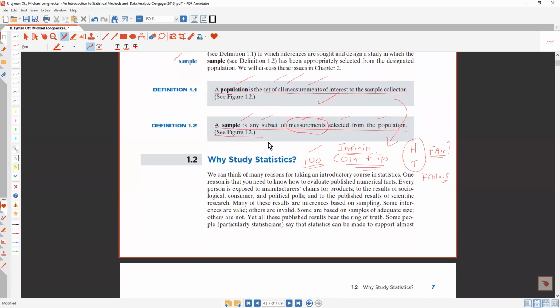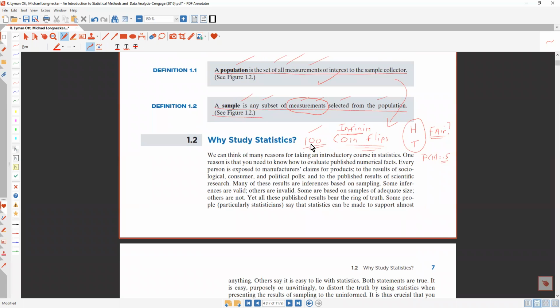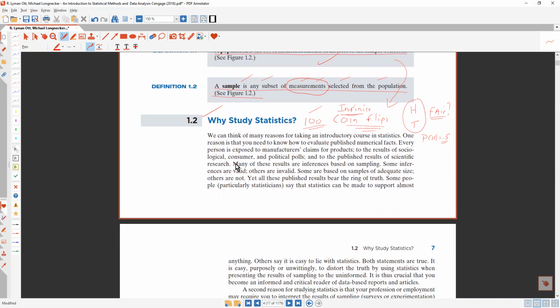So we've talked already about why study statistics. Statistics are used everywhere, okay? We talked about it in political polls, published research, scientific research. They're used in science all over the place.